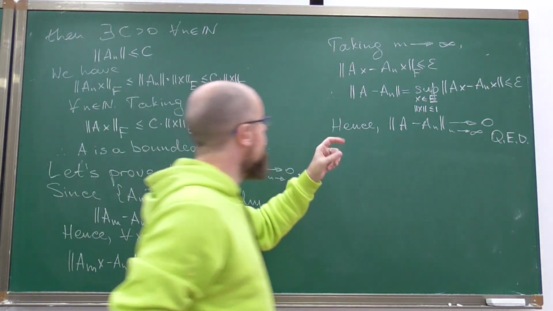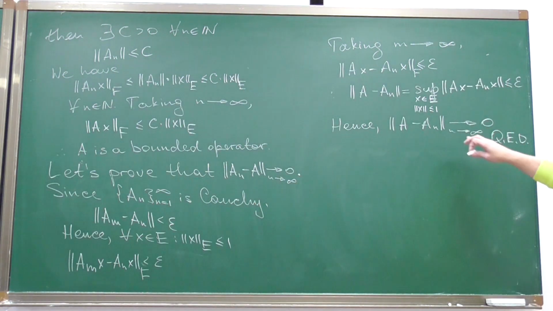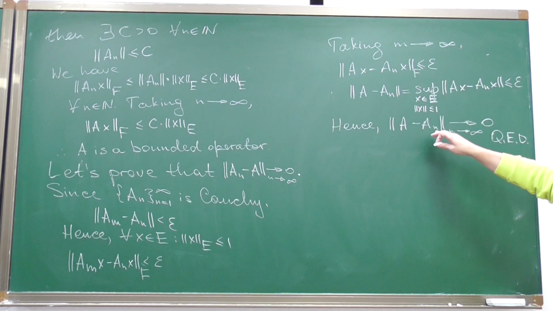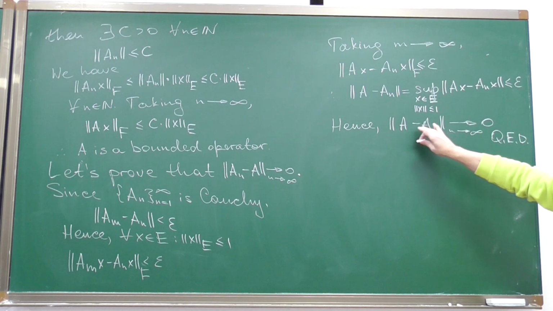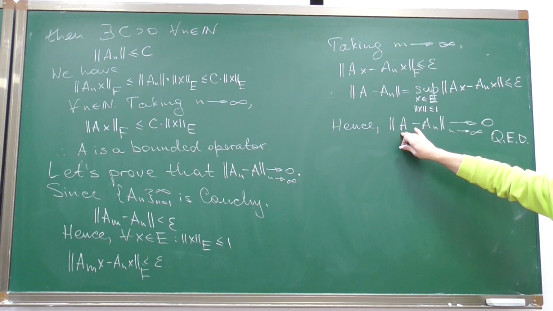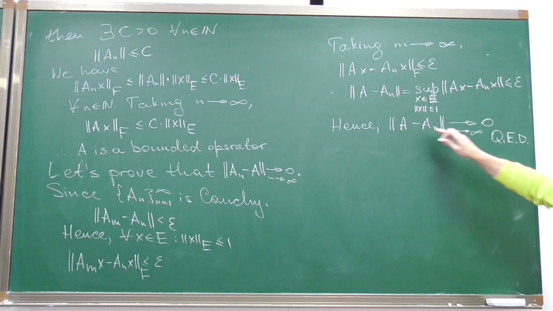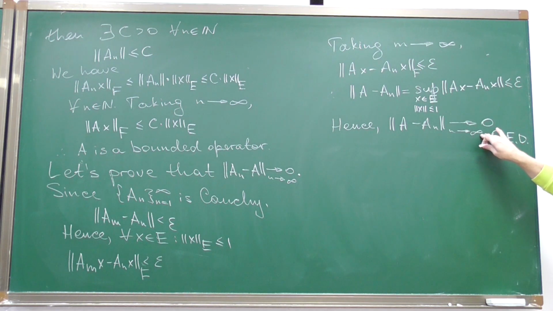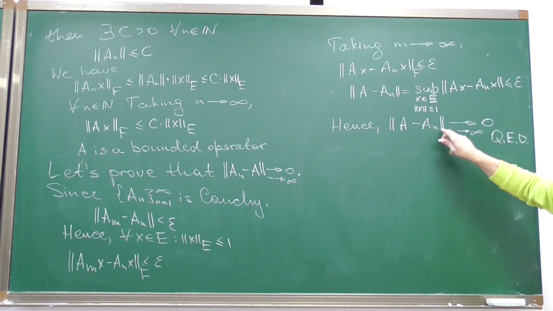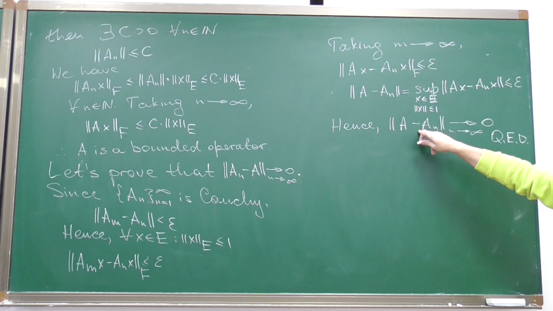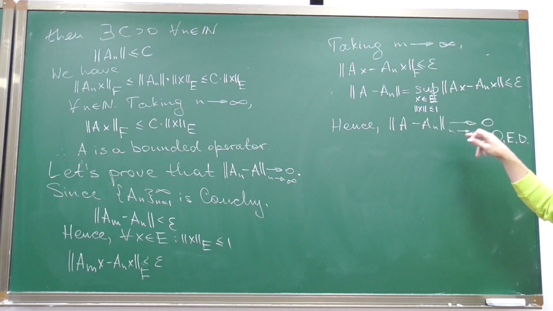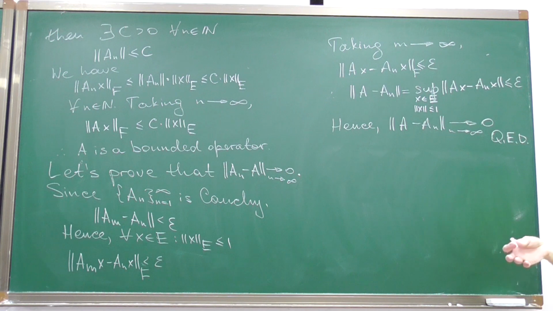In the proof of this theorem, we already spoke about a sequence of operators converging to another operator. And what we meant by that is this convergence of the norm of the difference. Let me write down the definition for this convergence and then discuss some more convergences.